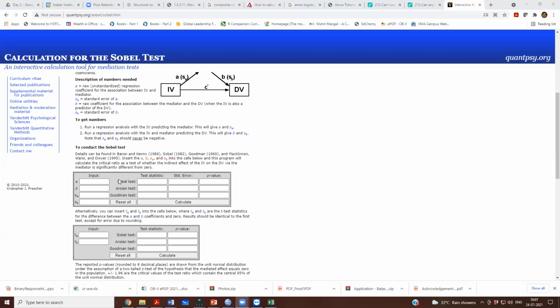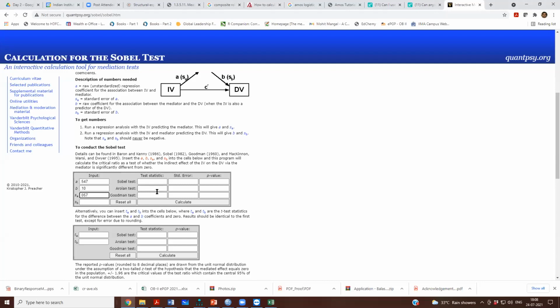There's the chat. All of you can try this site, and in order to test whether our indirect effect is significant or not, we will key in the values from our analysis. So in our analysis, A has come out to be 0.547. This is the unstandardized coefficient. B has come out to be 0.1.